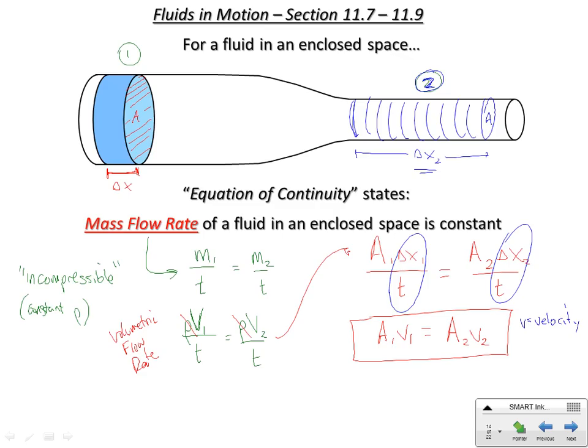When we talk about this over here, this V is volume. So we define this one quantity Q, our volumetric flow rate: a capital V over t, also equal to A times v. So two ways of finding volumetric flow rate: either volume per unit time, or area times velocity.